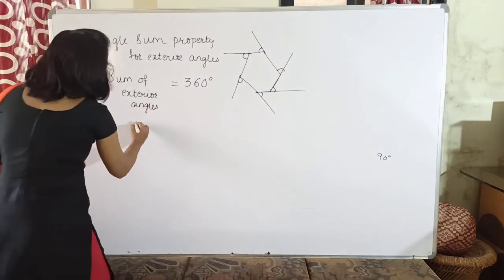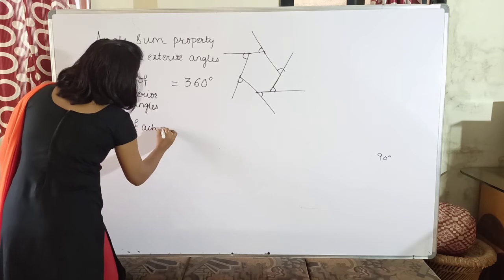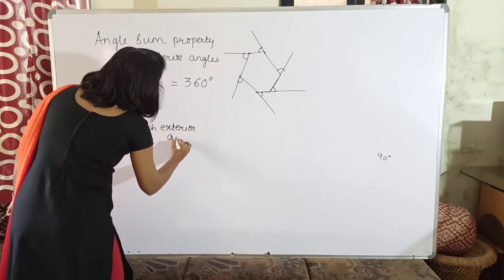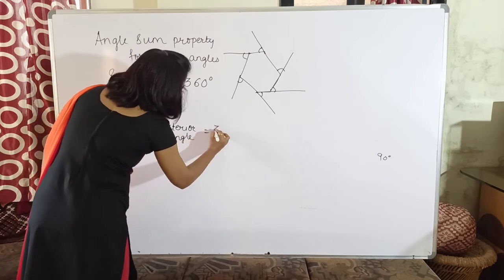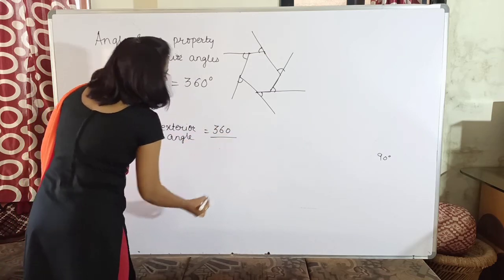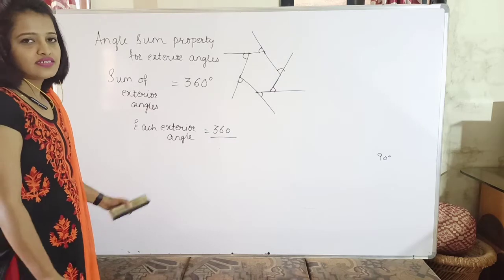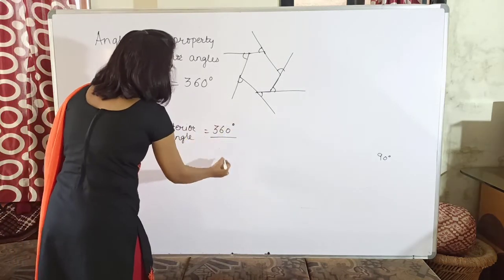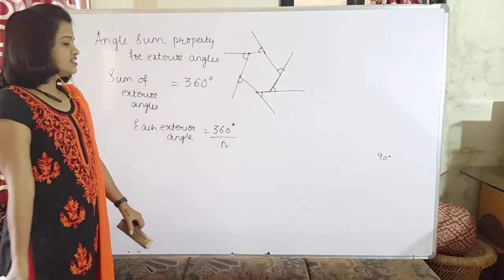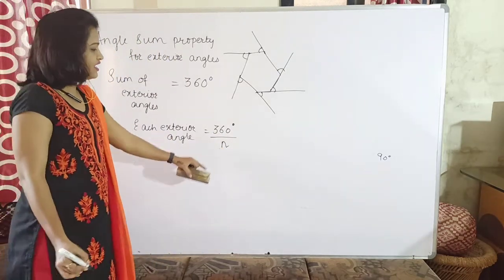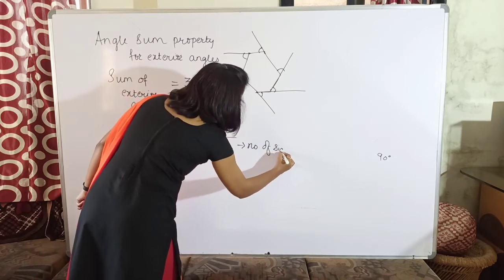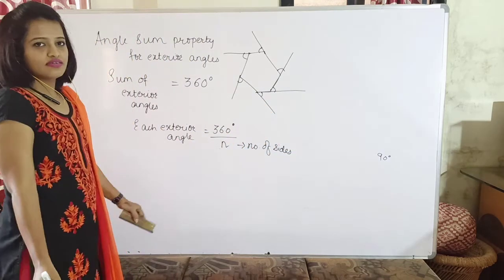So if I have to find the value of each exterior angle, what will I do? Again, the sum has to be divided by the number of angles, and the number of angles is equal to the number of sides. So here the formula will be 360 degrees by n, where n is the number of sides. Let us check for the hexagon.